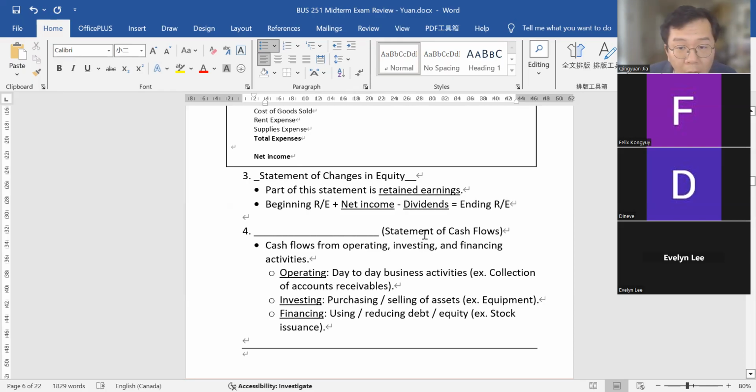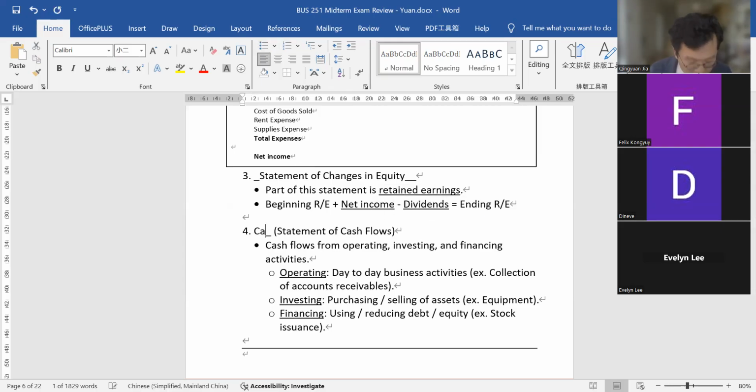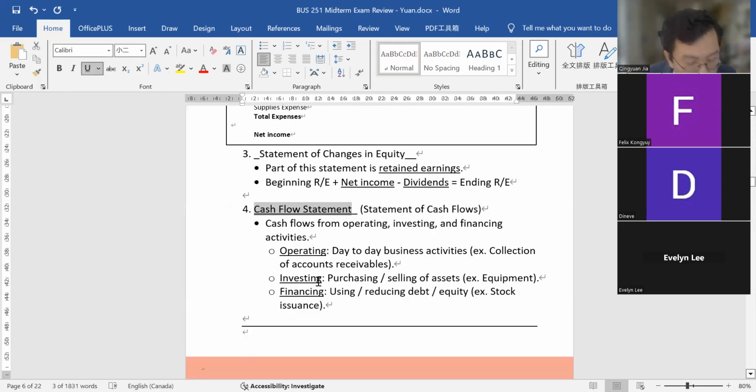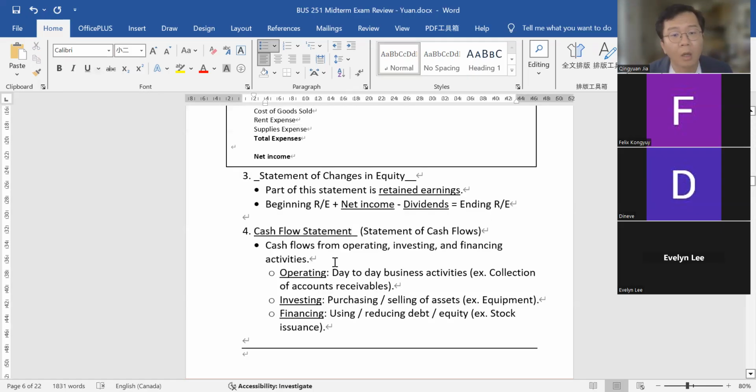The statement of cash flows is also called cash flow statement. And it basically shows where the cash is going or where the cash is coming from.